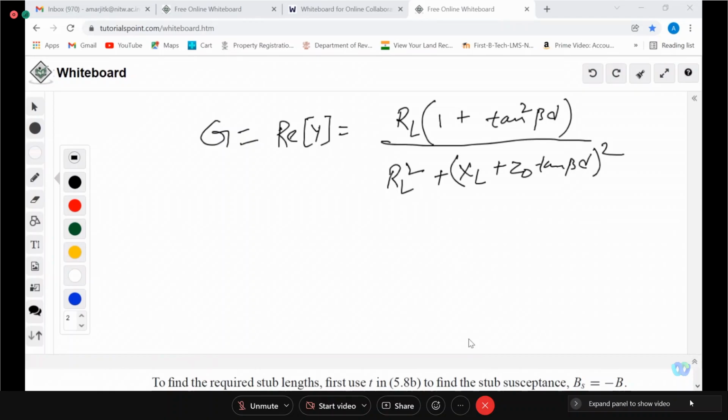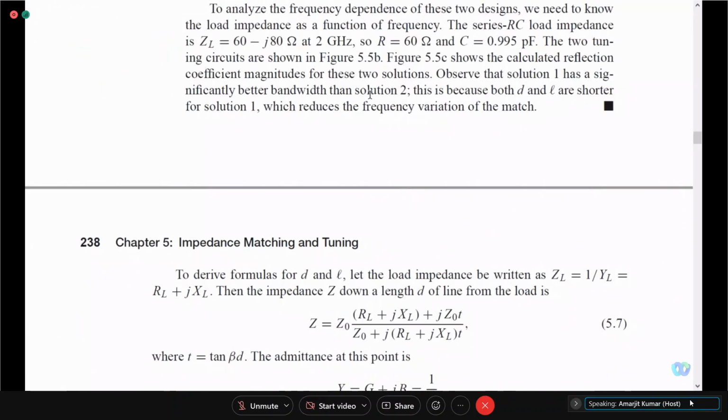And what is B? B is the imaginary part, the susceptance, of Y. So B is the imaginary part of Y, again one complex expression which is written here, so you can calculate G and B, no problem.